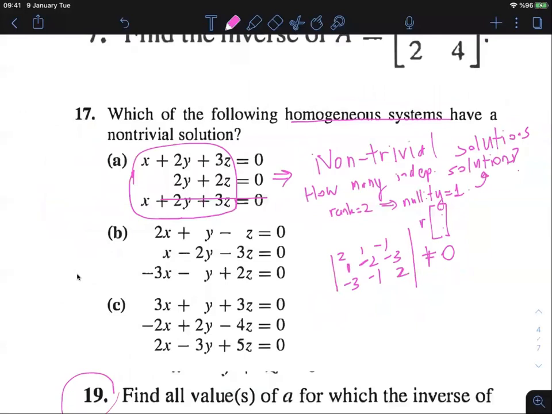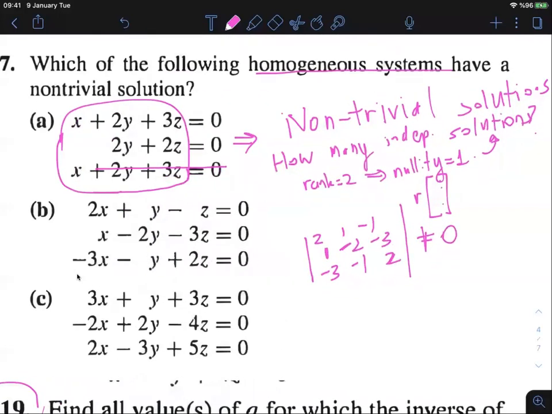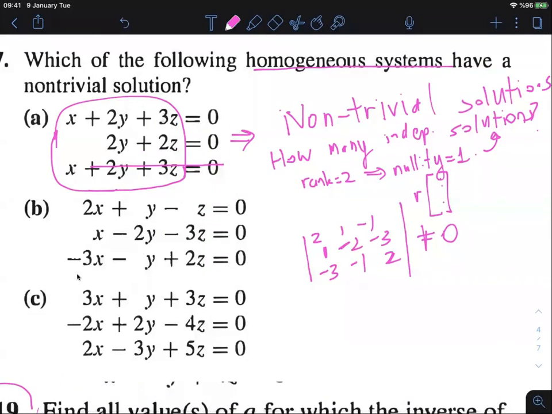What about part C? Again, it's easier to check the determinant than trying to see whether there are independent rows or independent columns.